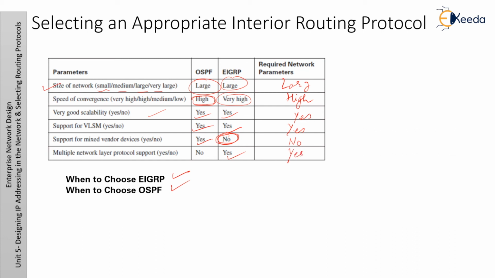You won't be able to select OSPF, or you are able to select EIGRP but you need to compromise on multiple network layer protocol support. If the answer is no, then you can support. Again, there is a problem. We need two compromises. Based on this requirement, EIGRP is recommended.